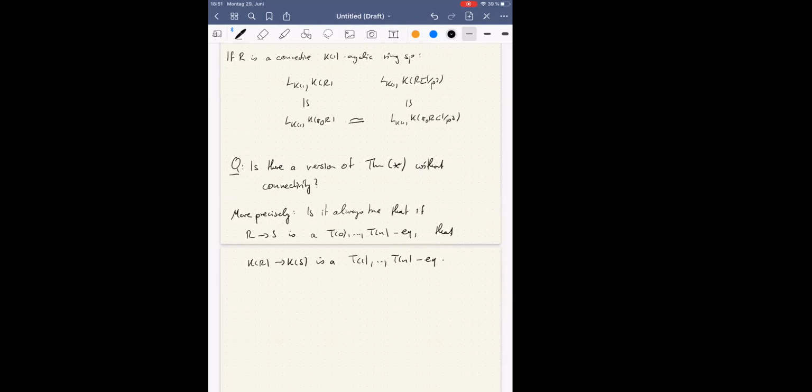I left out the T0 because if we ask about T0, I think there are pretty easy counterexamples. So just about T1 to Tn.